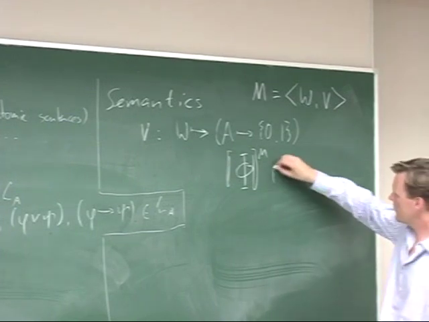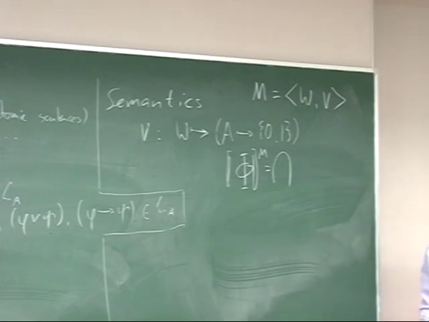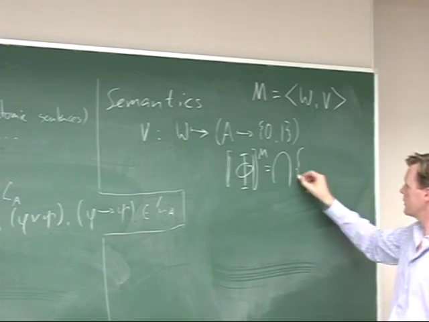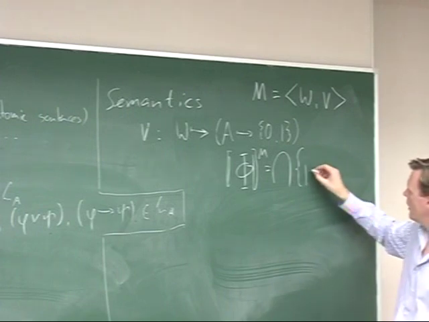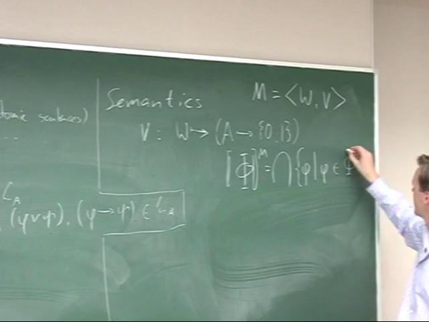And this is written like this here. It's a big intersection of a large set, right? So big set of propositions phi, such that phi is in this.